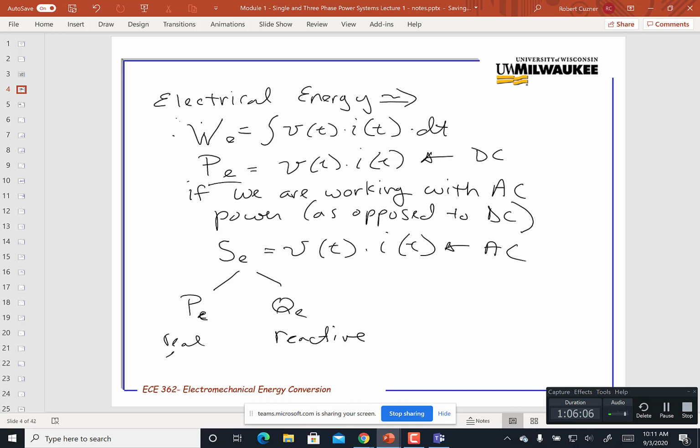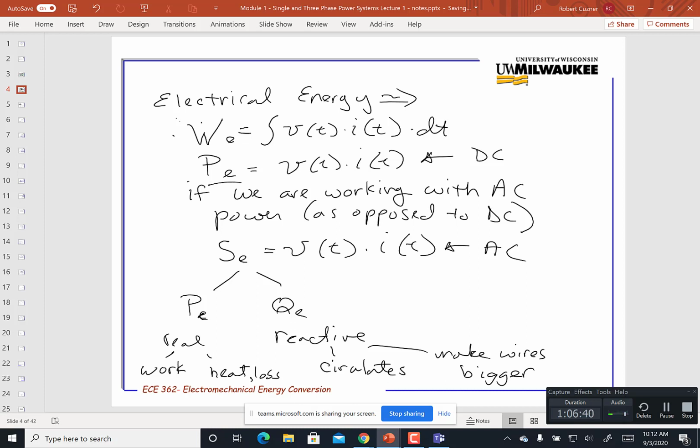And so the real power does the work, and it also creates heat and loss. The reactive power just circulates, and it tends to make wires bigger, because if you have a lot of reactive power, you have to handle more current to get the same amount of work.